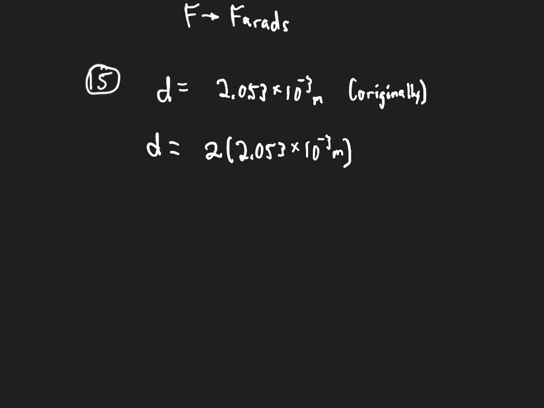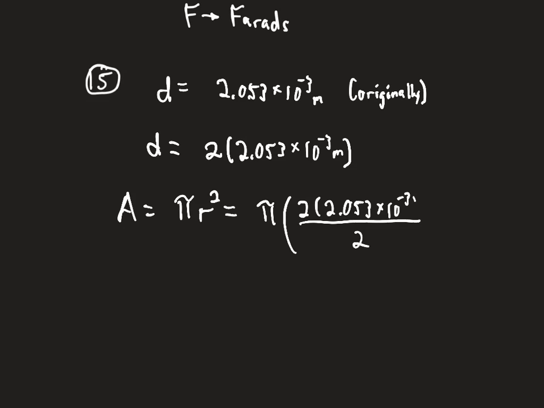As they show you in example 20.3, you need to find the cross-sectional area of this wire, which is pi times r squared. So that's pi times r, where the diameter is 2 times 2.053 times 10 to the negative 3.